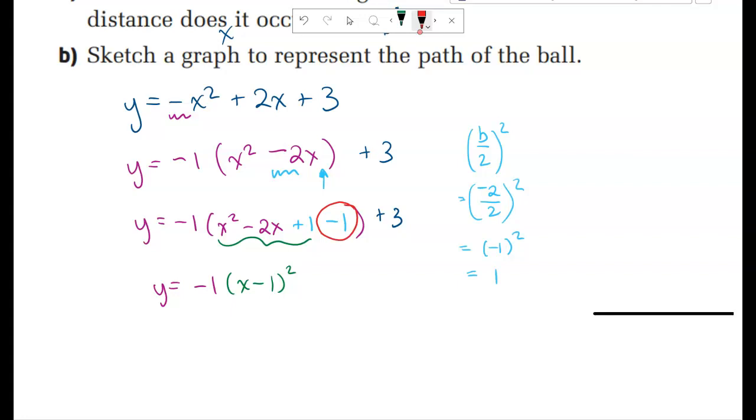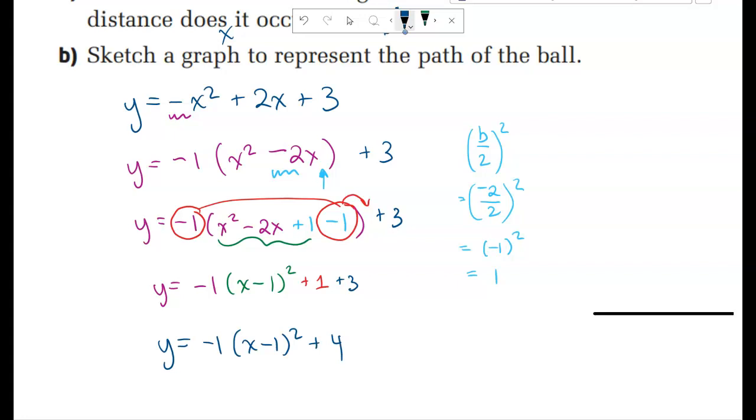So that means that it has to be brought out of the bracket so that I can collect it with the positive 3. But in order to bring it out of the bracket, I must multiply by the a value. So negative 1 times negative 1 is a positive 1. I still have that positive 3, which I can collect with that. And so my equation becomes y equals negative 1 bracket x minus 1 squared plus 4. So there is my quadratic equation in vertex form.